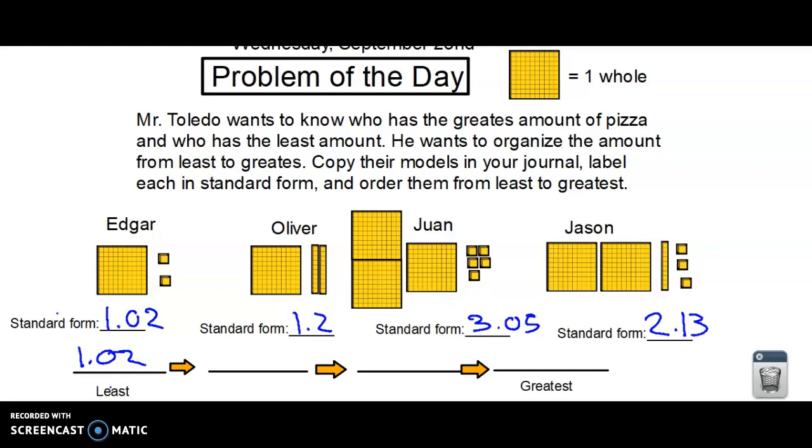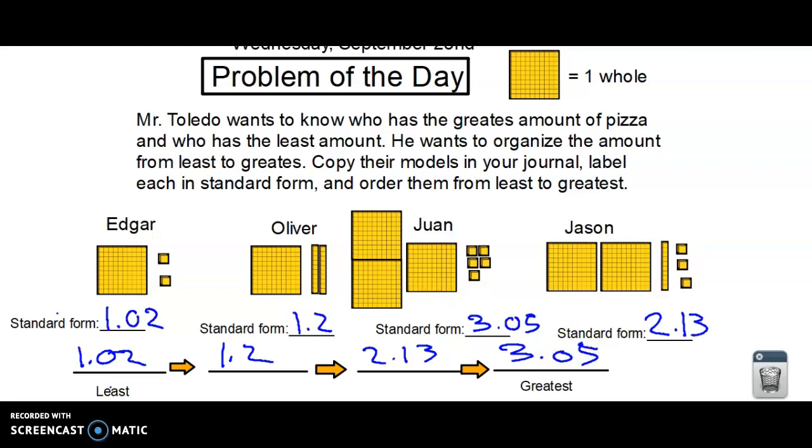Next would be Oliver, followed by Jason, and our greatest number is Juan with 3 and 5 hundredths. Perfect. Thank you, Mr. Pulido.